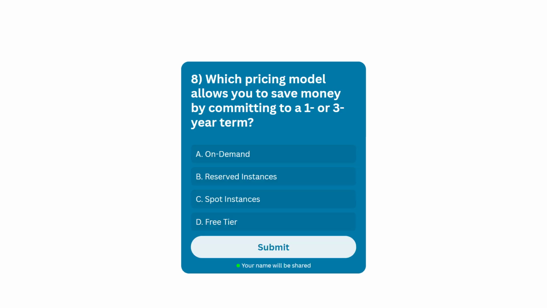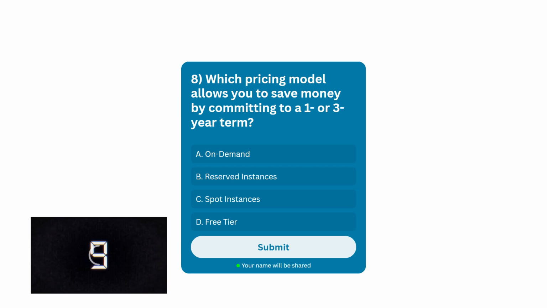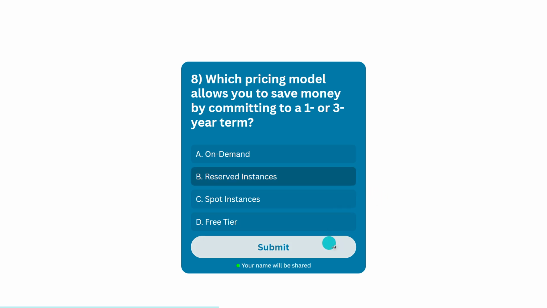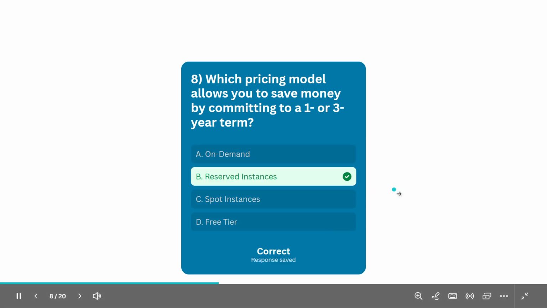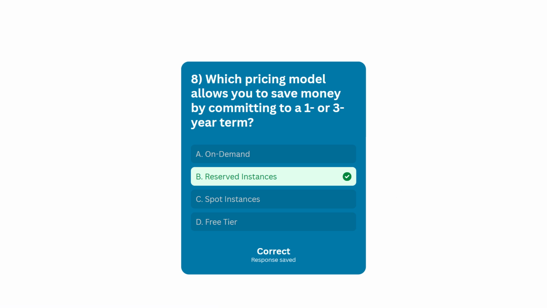Which pricing model allows you to save money by committing to a 1 or 3 year term? Reserved instances. Reserved instances offer lower prices in exchange for a commitment to use AWS resources over time.